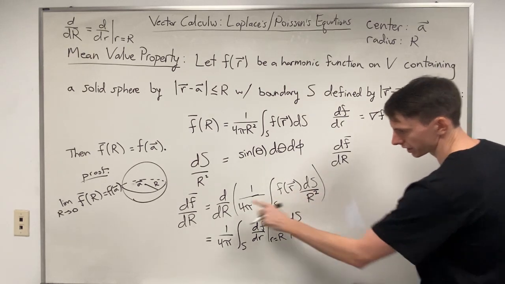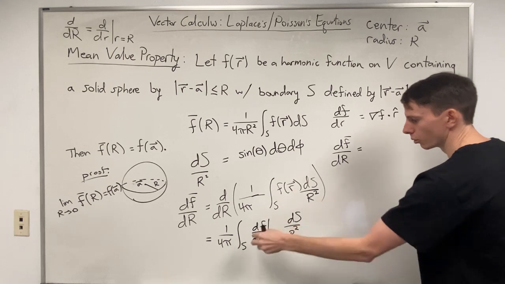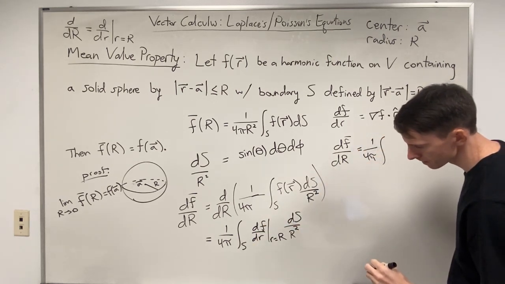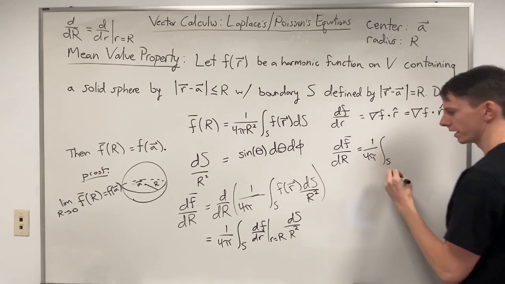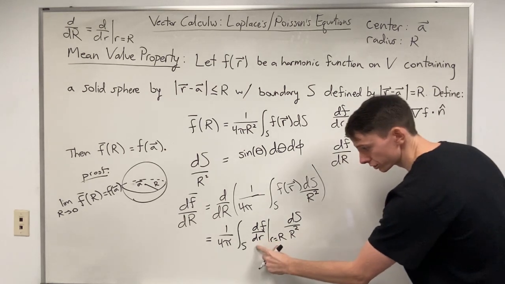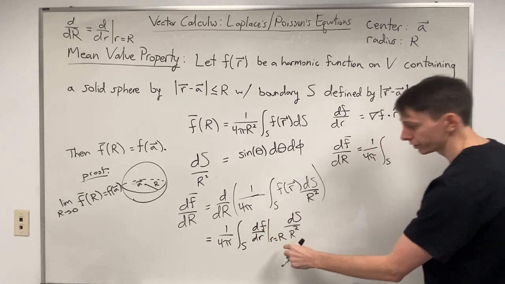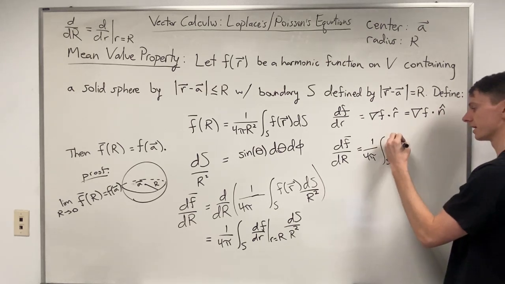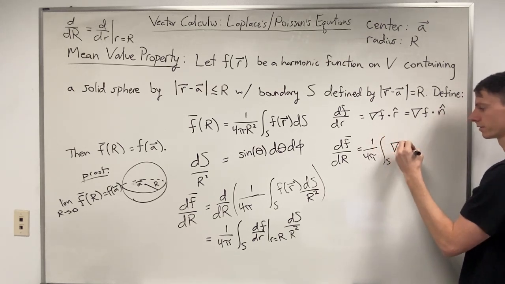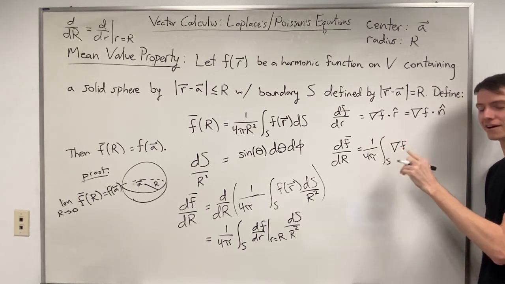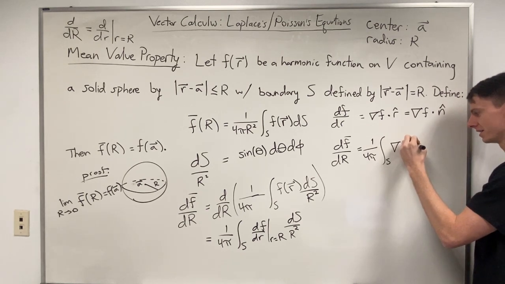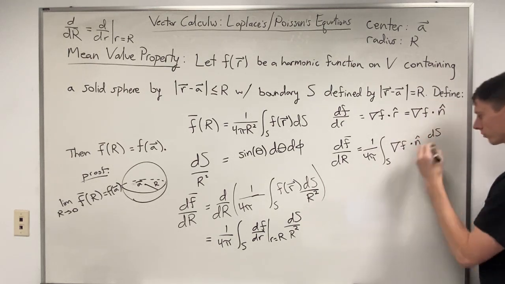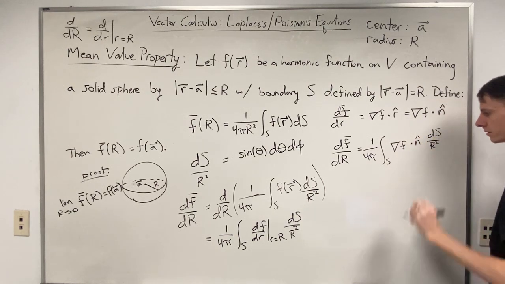So this is our left-hand side, and that's going to be equal to 1 over 4 pi, and the integral over s. And now I'm just going to rewrite the integrand. Instead of df dr, ultimately evaluated at the radius, I'm going to re-express it here as del f, the gradient of f, in a dot product with n hat times our ds over r squared quantity. Okay.